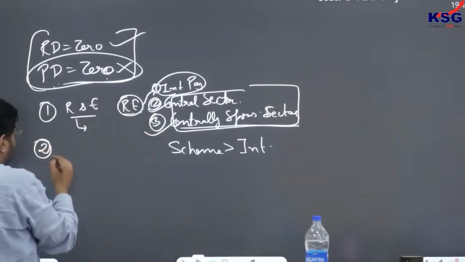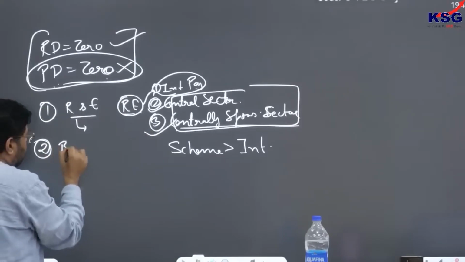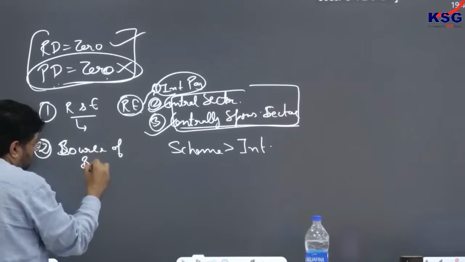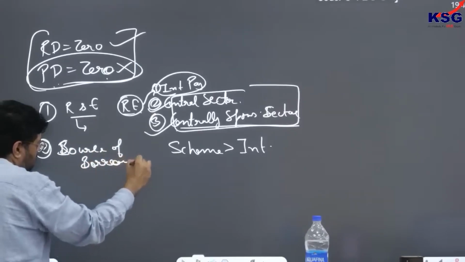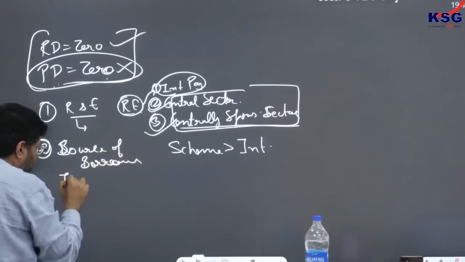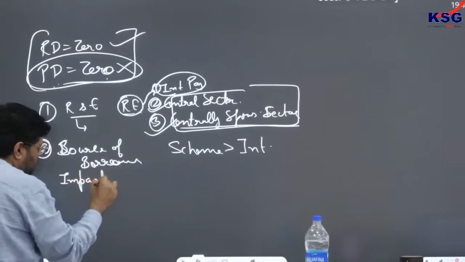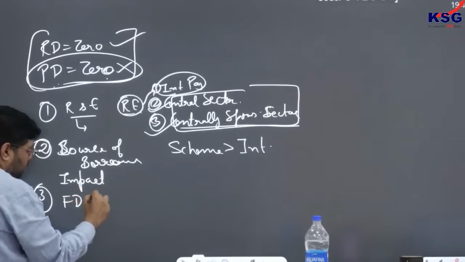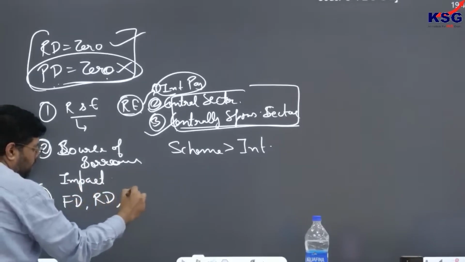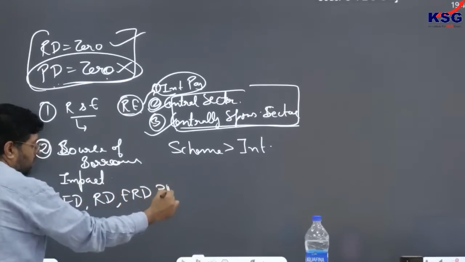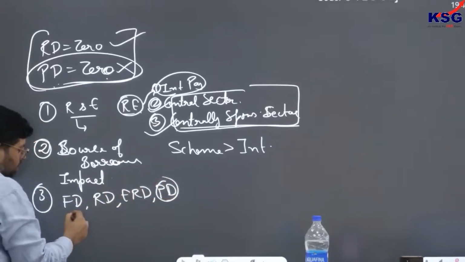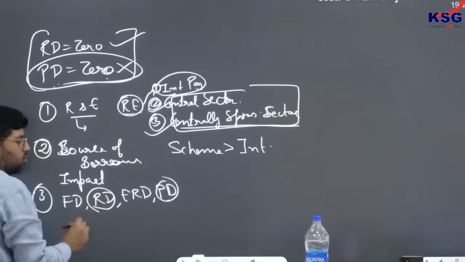Then we have seen the sources of borrowing. Then we have seen its impact also. Third, we have understood the concept of FD, RD, ERD and PD. I told you that PD must not be 0 because it is bad for the economy. RD must be 0 because it is good for the economy.